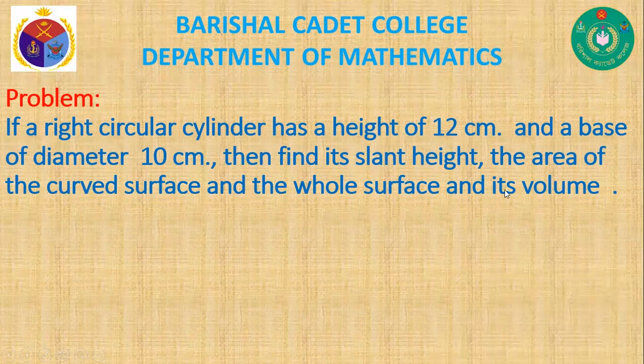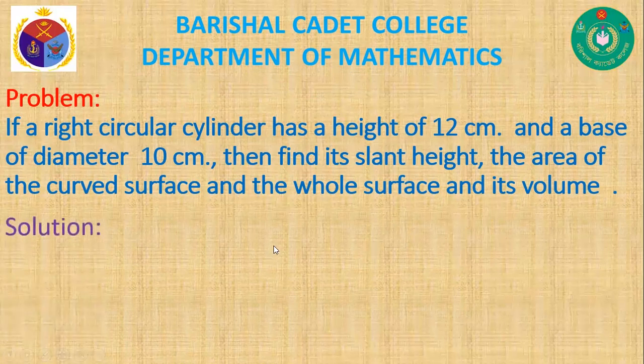What is given? Height is 12 centimeter. The diameter of the base is 10 centimeter. Then we have to find, first of all, the slant height, the area of the curved surface, the area of the whole surface, and the volume. That is, we have to find four answers.